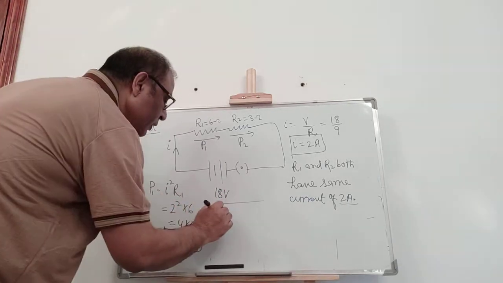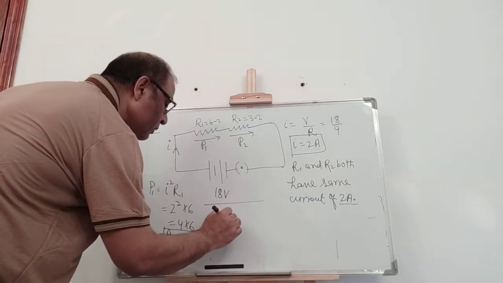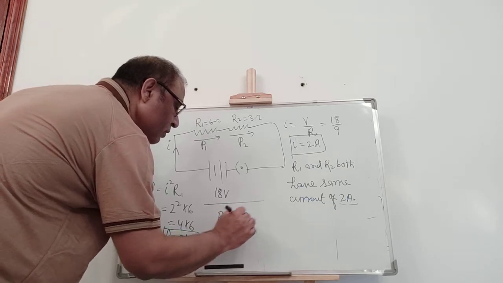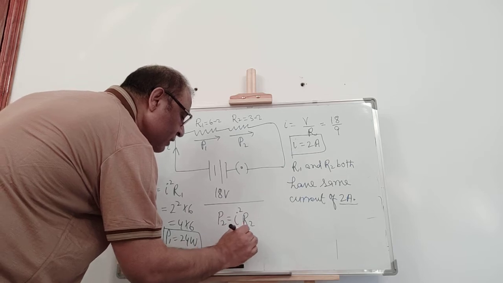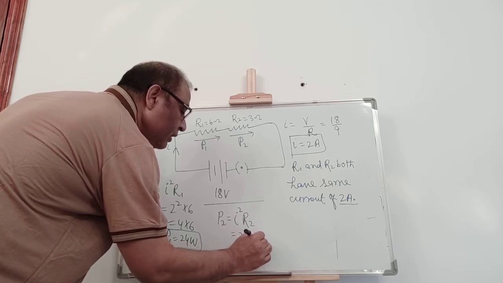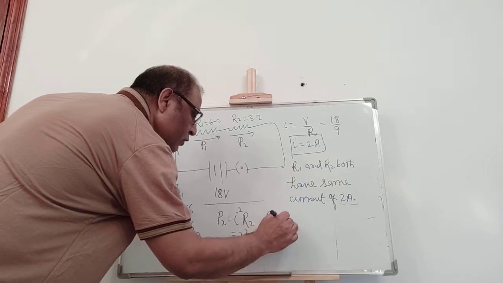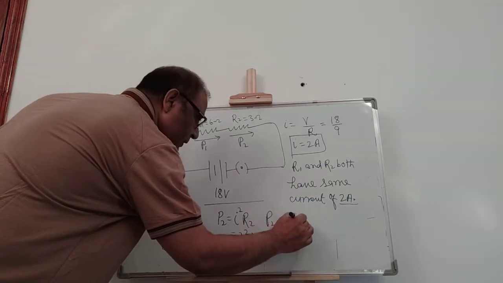Now P2 equal to, again same current I square but different resistance R2, 2 square into 3, and P2 equal to 12 watt.